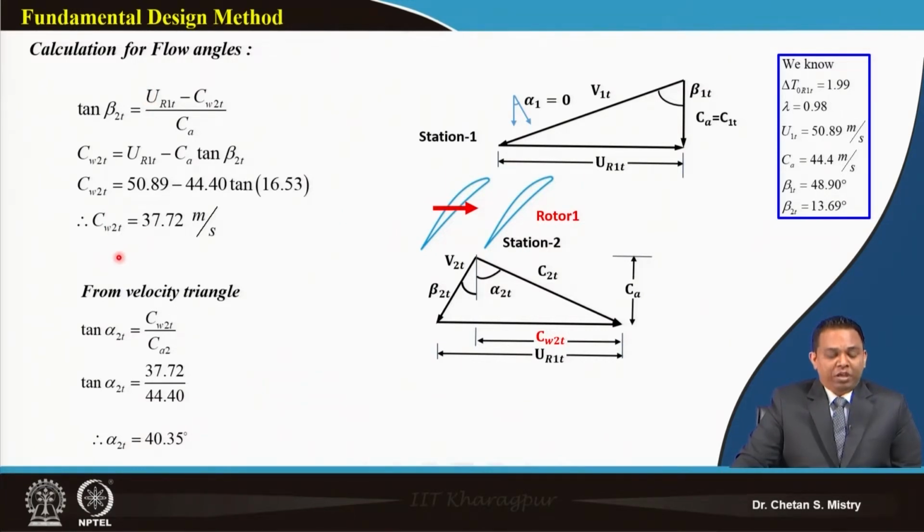That gives me my work component as 37.72. If you look at my velocity triangle, it has changed accordingly, so be careful about that part. Once this is known, we can calculate alpha 2, because that is my requirement for the downstream rotor. My alpha 2 is coming 40.35 degree.